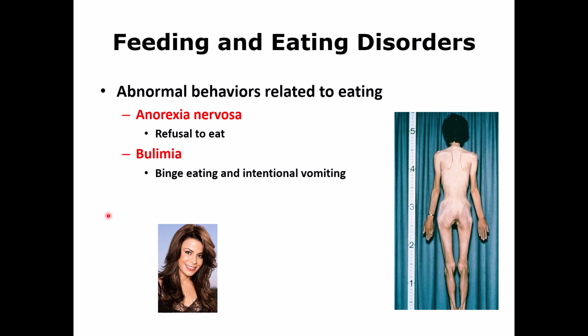The problem with that is that once they lose a lot of fat, the gonadotropin releasing hormone is not secreted from the hypothalamus, and that will affect the pituitary gland, and then it will affect the release of estrogen and progesterone, so they may become infertile.